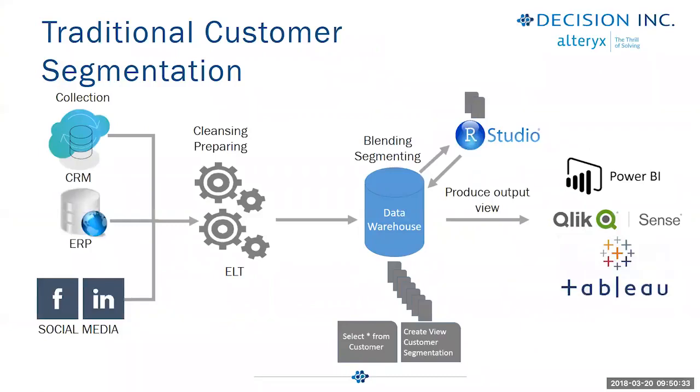Traditionally, we'd have to build quite a complex ETL to get that into some sort of warehouse environment. And then even once it's in the warehouse environment, we'd have to blend and segment the information within there. So the effort involved there would probably be quite a lot of SQL scripting to blend and cut your data.